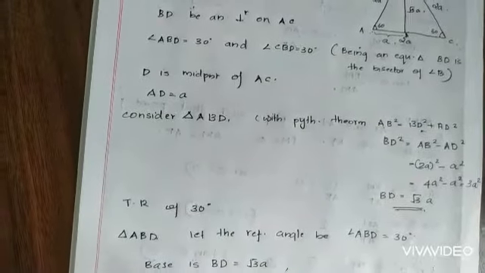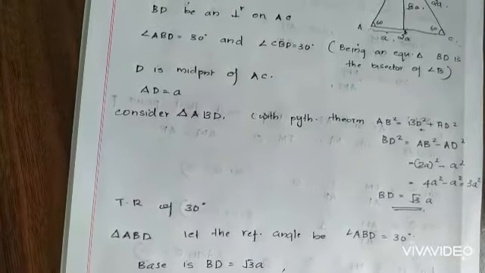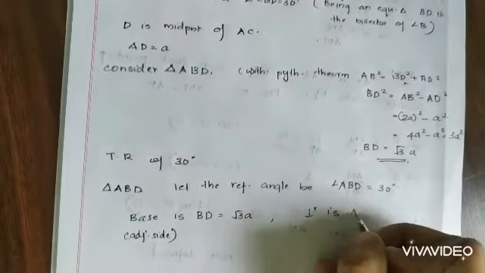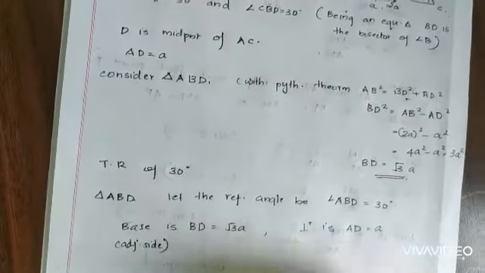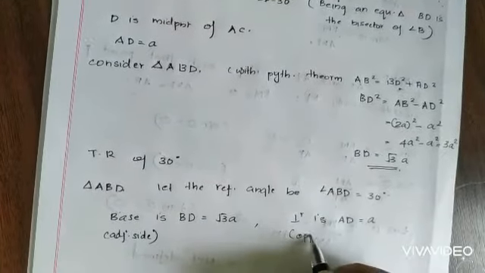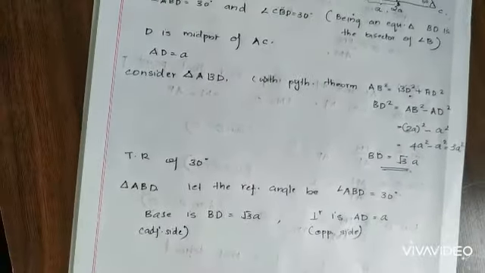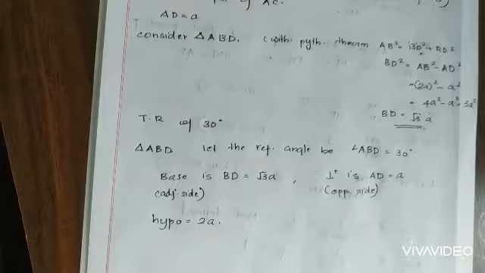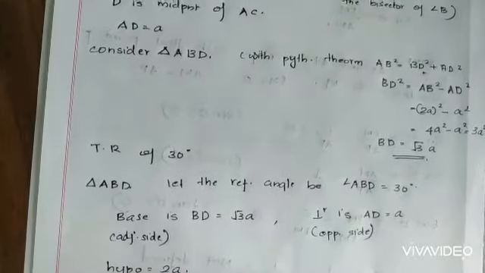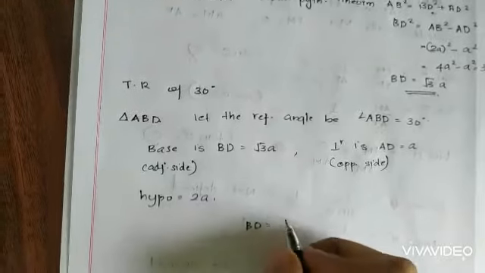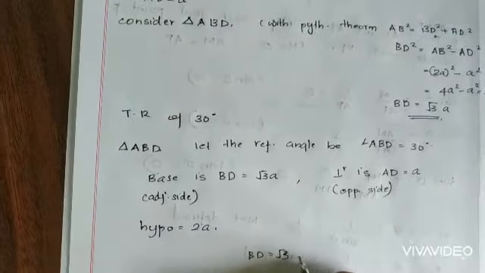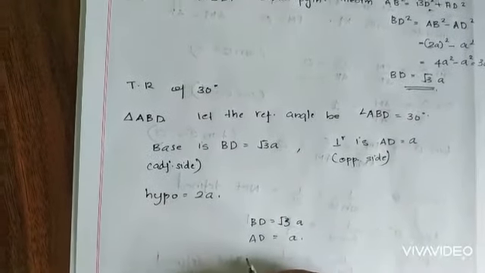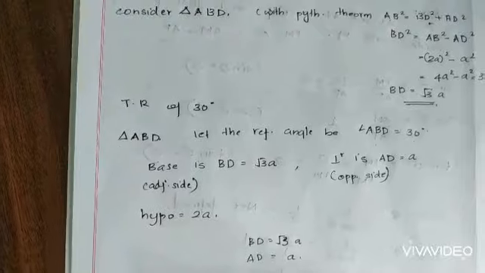And here the base means adjacent side. Then the perpendicular is AD, which is equal to A. Perpendicular is opposite side. And the hypotenuse is 2A. We got BD is equal to root 3A, AD is equal to A, and AB is equal to 2A.